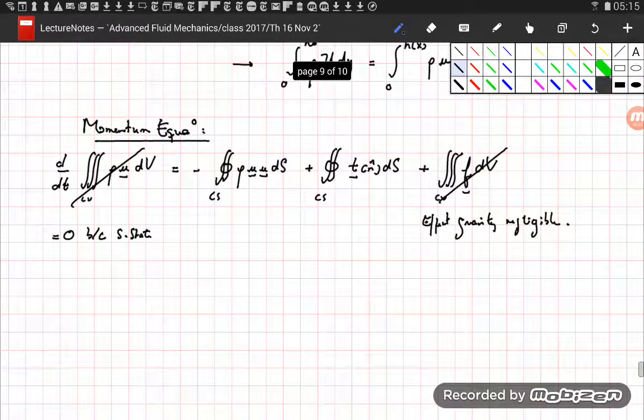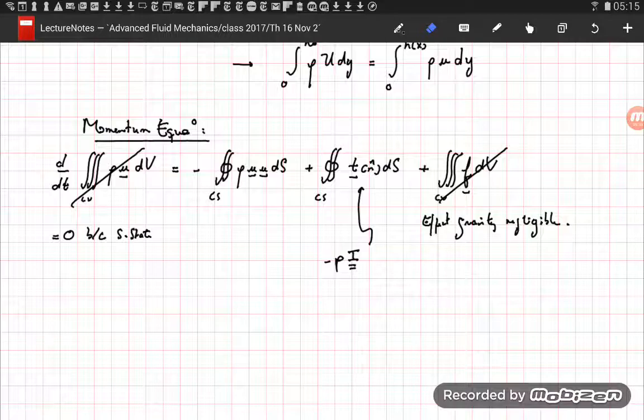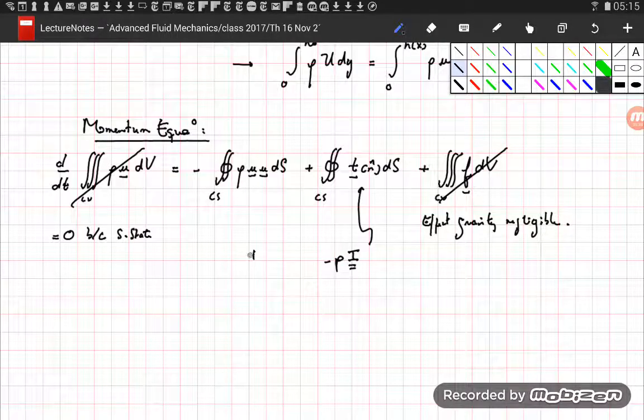Now remember, this stress vector for a Newtonian fluid, let me write it in full, is from our discussion on the Cauchy stress tensor.